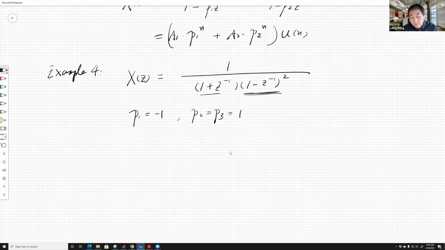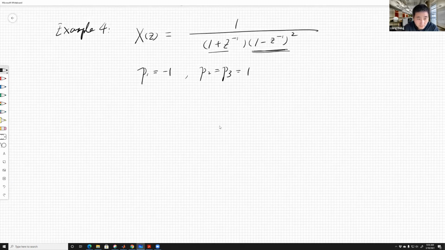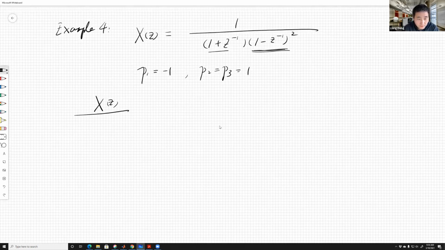Therefore, we know when we're trying to do the partial fraction expansion using the xz over z method, we have to do some little trick to deal with that. So let's work out this problem. Same thing, we have xz over z becomes z squared over Z plus 1, Z subtract 1 squared.